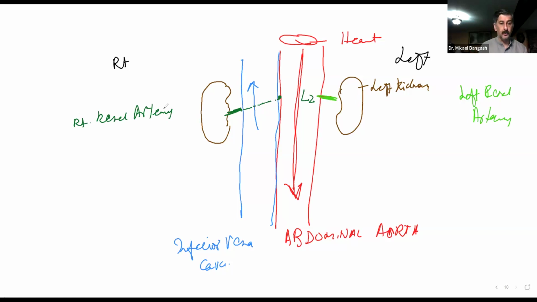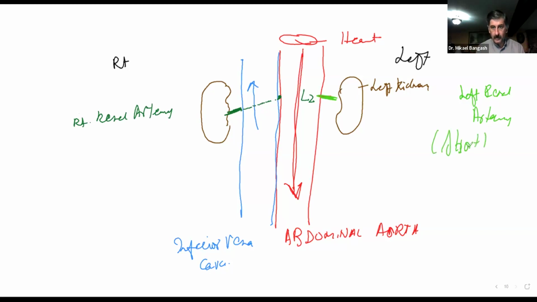If you also look at it, we can say that the left renal artery is short. Whereas comparatively, your right renal artery is going to be long.